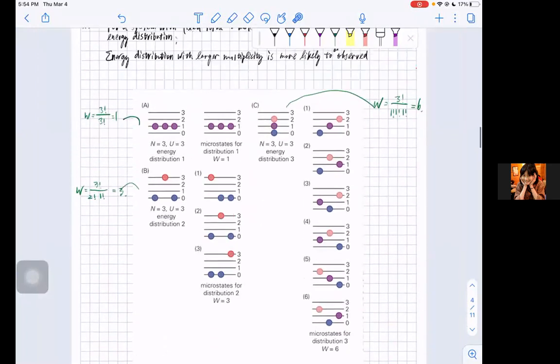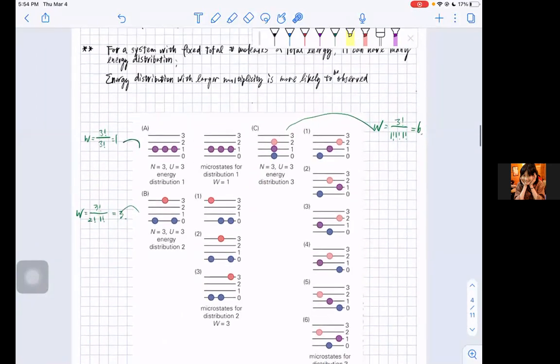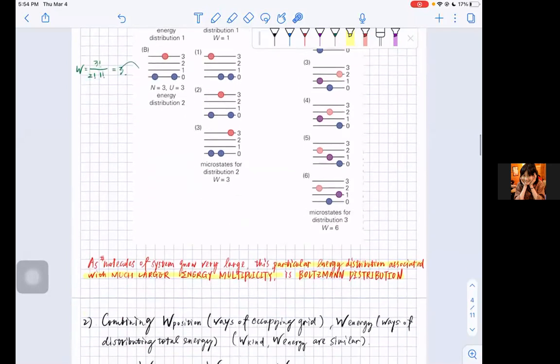But clearly this energy distribution gives you the largest multiplicity, which means it is most likely to be observed. And later on, you will see as the number of molecules grows very large, a particular energy distribution will be associated with a much larger multiplicity. That distribution is called the Boltzmann distribution.